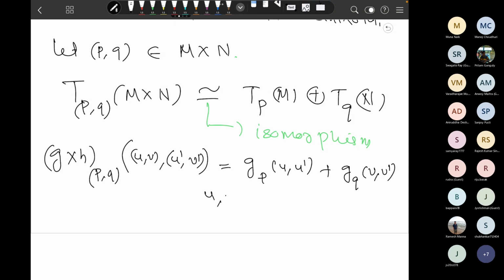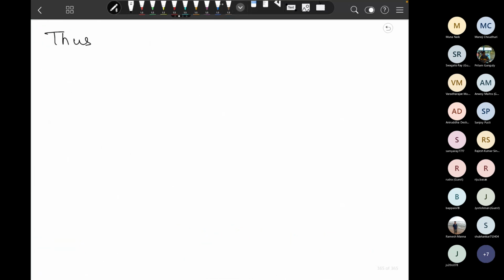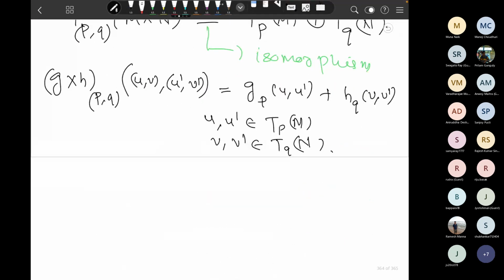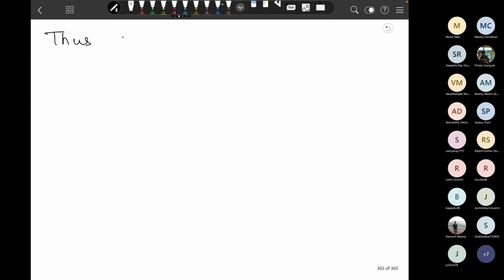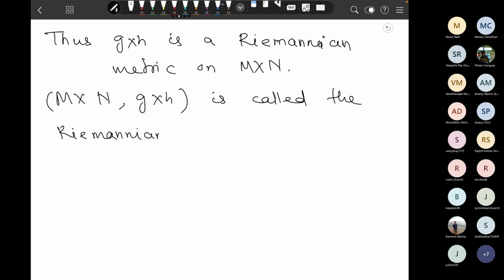Thus G cross H is a Riemannian metric on M cross N, and this M cross N, G cross H is called the Riemannian product of M, g and N, h.